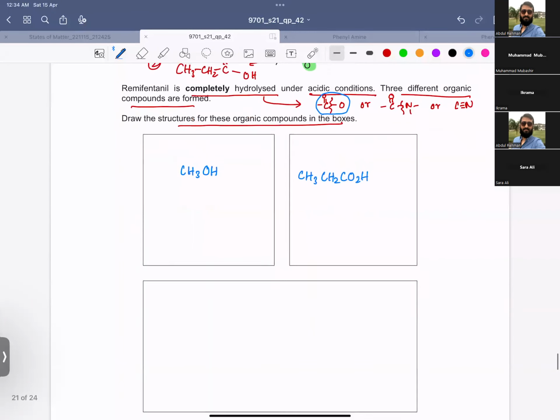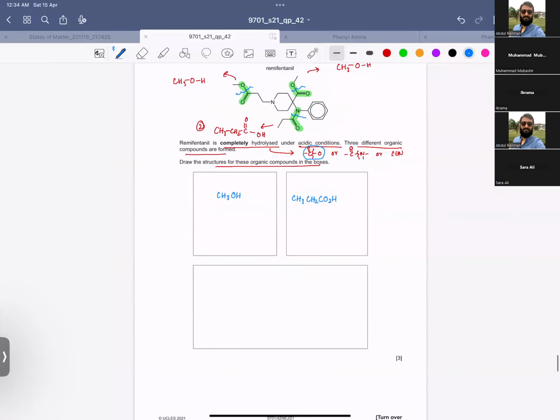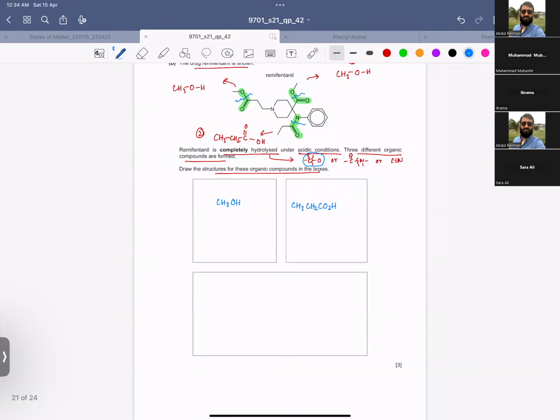Okay. Now, the third product would be the center part that is left behind. So first I would make this center part over here. Here I have a nitrogen.